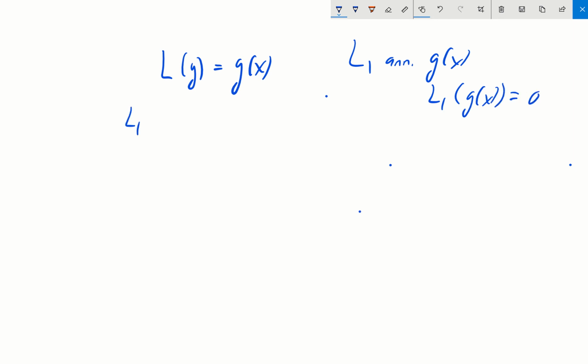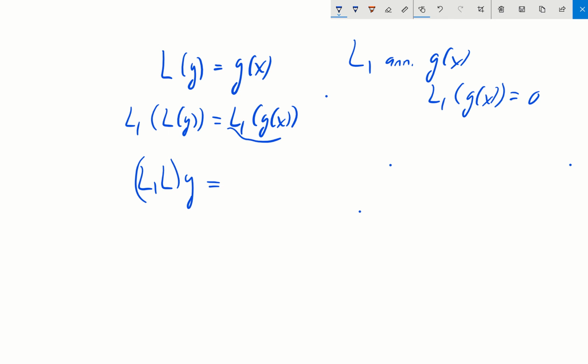Well, if that's the case, then when we apply L1 to this differential equation, what we get, this part is going to be 0, because remember, L1 annihilates g, and what we get is a resulting homogeneous differential equation.